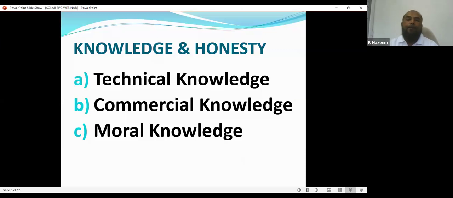I do skill development, I do training, teaching for engineering students. So I give a classical example. Suppose I have a scooter and I want to get it repaired.